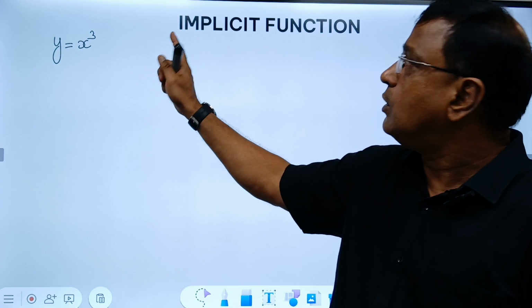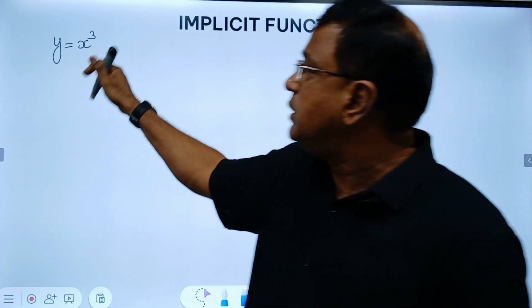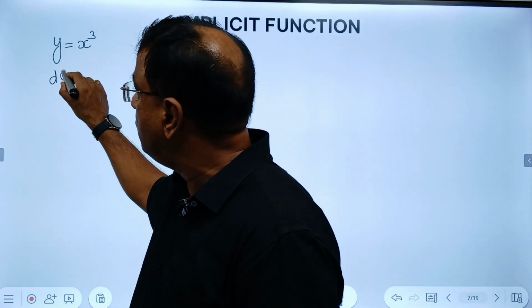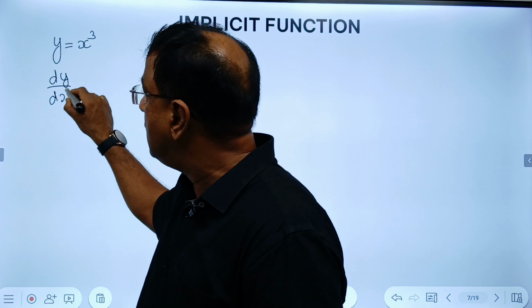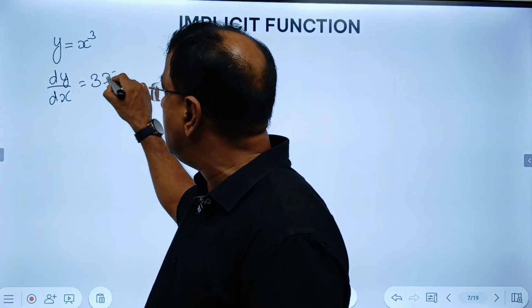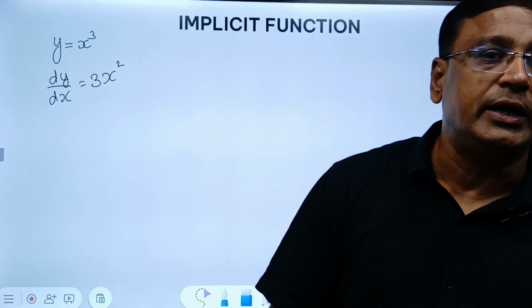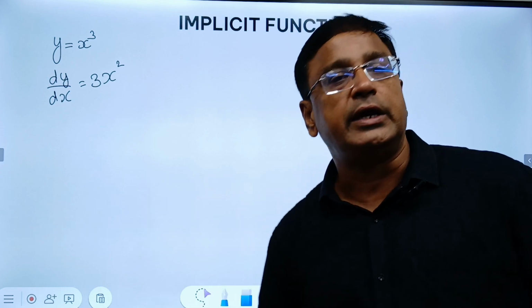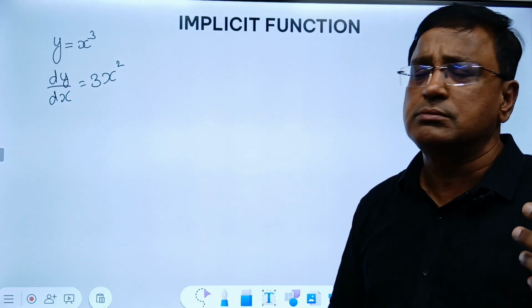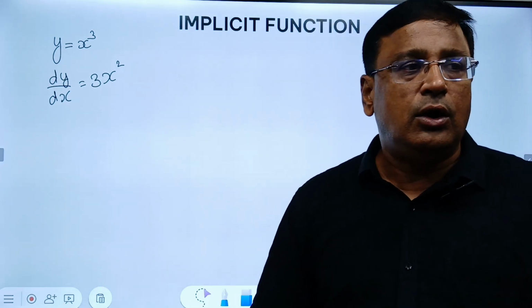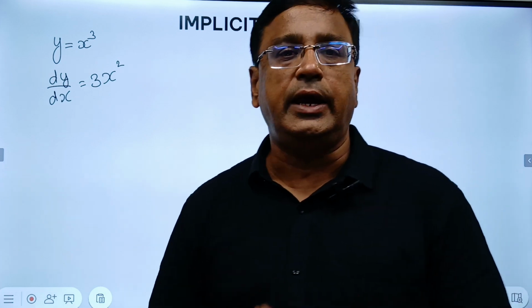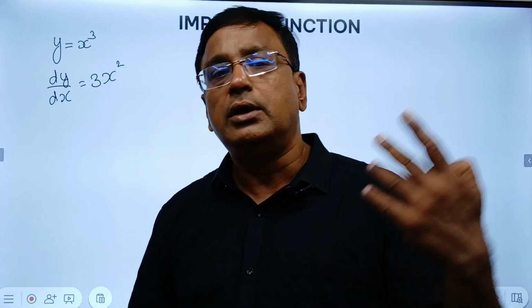These functions are not implicit functions, and it's very easy to differentiate this. All that I need to do is dy by dx is 3x square. Or y equal to sine x, y equal to root sine x, y equal to root sine of root x. If you clearly have y on one side and x on the other side, such functions are called not implicit functions.